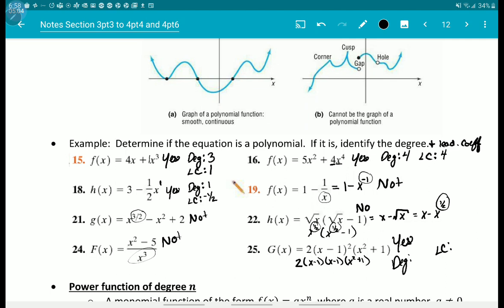So if we were to FOIL everything, we would have an x times an x times an x squared, which means we would have an x to the 4th. So this would have a degree 4. The leading coefficient would be that x times x to the 4th. That's the first term, but notice that that would be multiplied by 2. So that leading coefficient here would be 2.